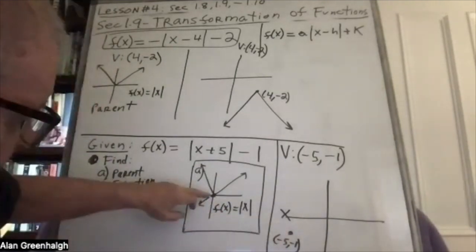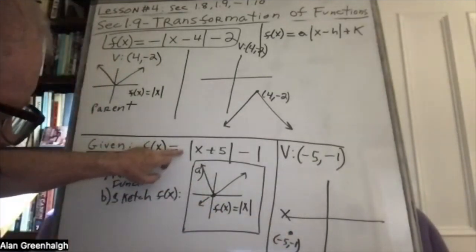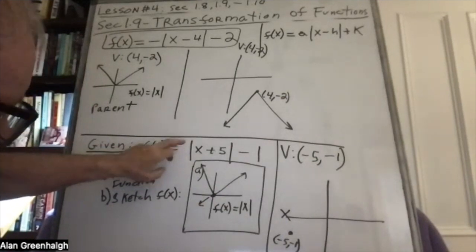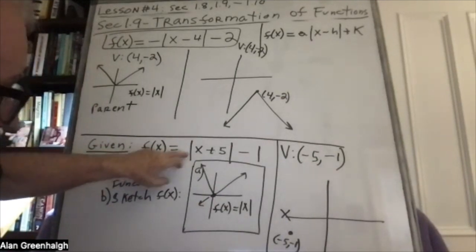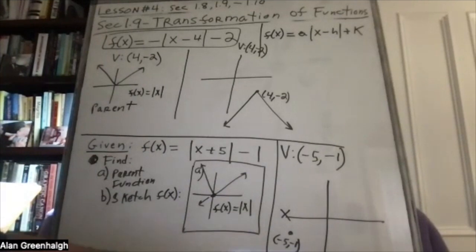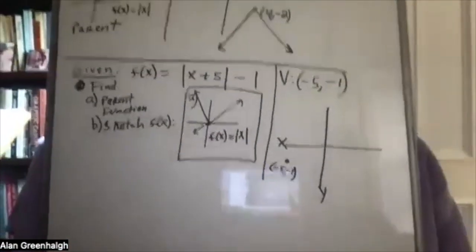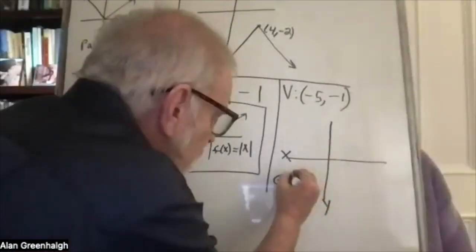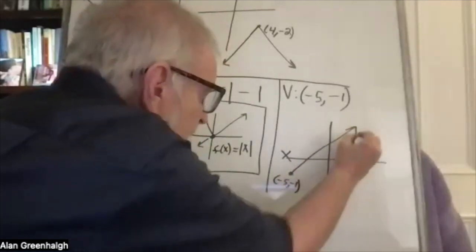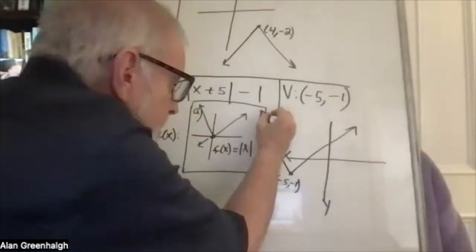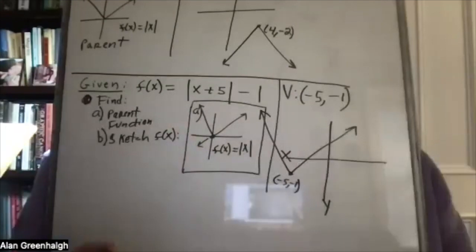And then now we look for a negative. Is there a negative here? No. Therefore, it's not going to be upside down. It's going to be, indeed, right side up. And that's what it looks like.